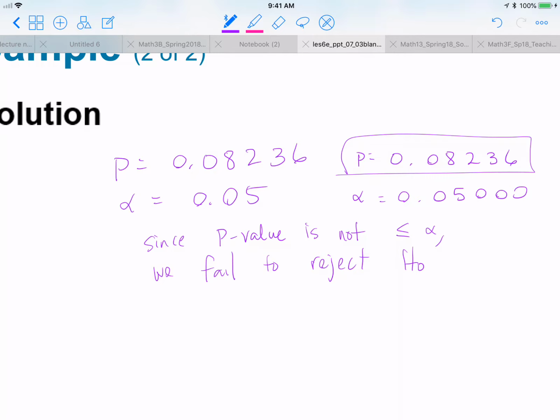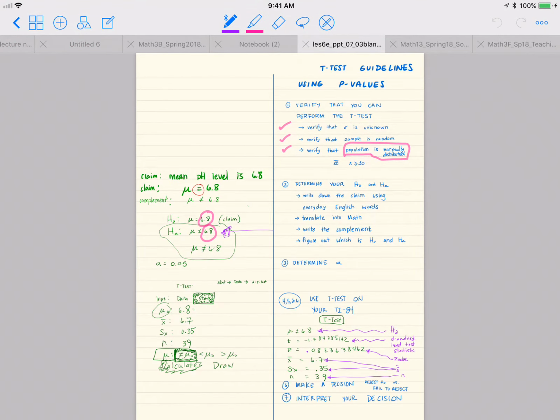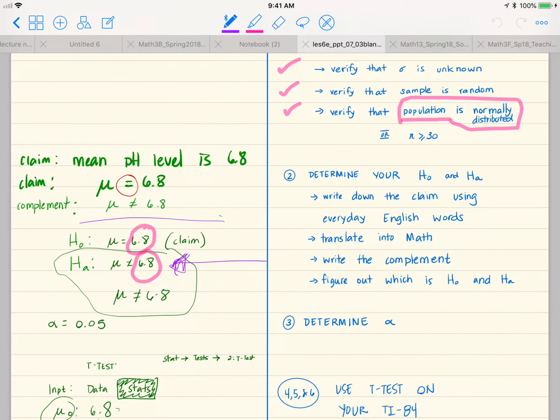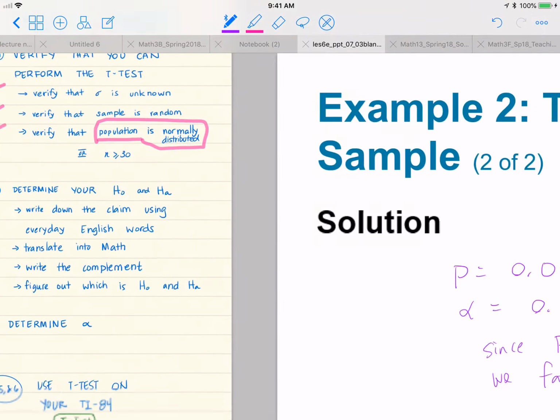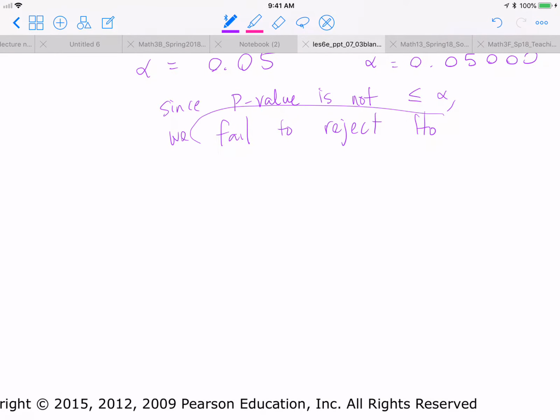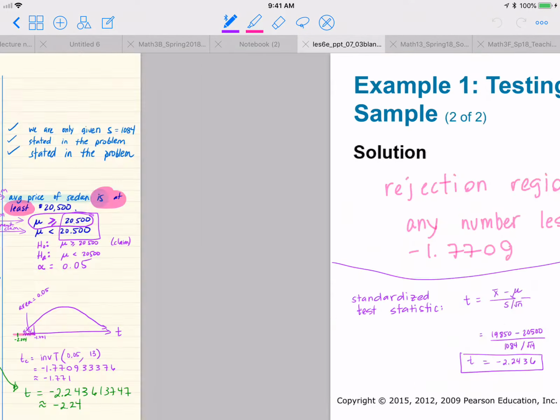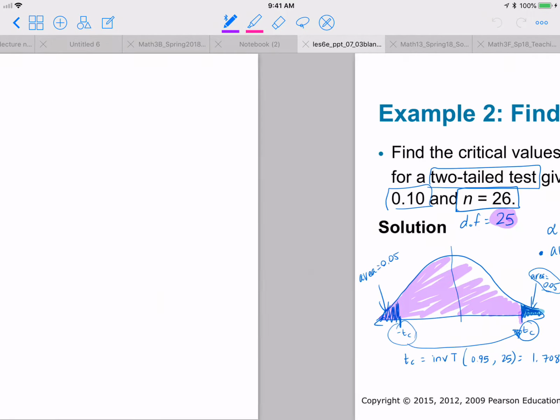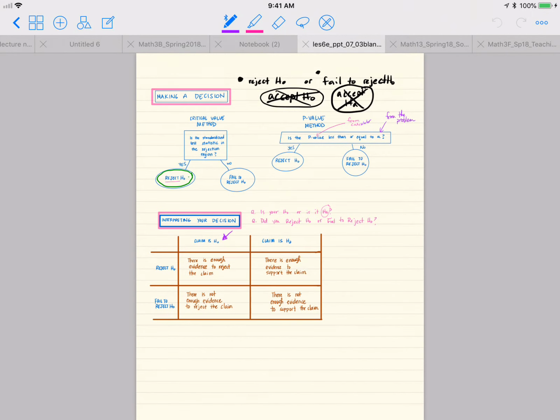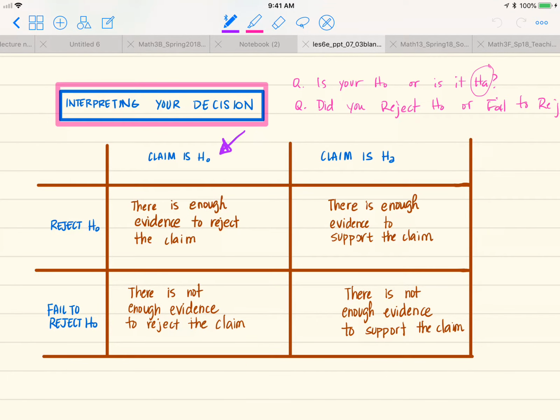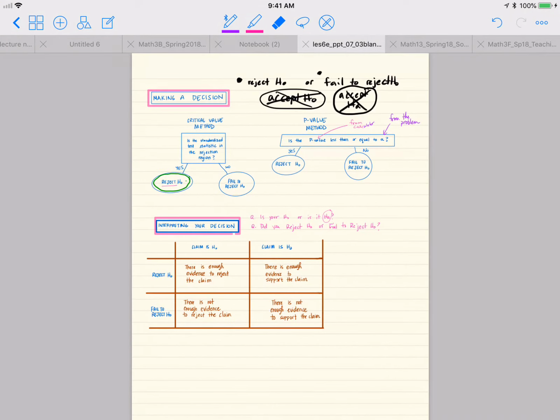Okay, now we're ready to interpret our decision. Our claim is H naught and we fail to reject H naught, so there's not enough evidence to reject the claim.